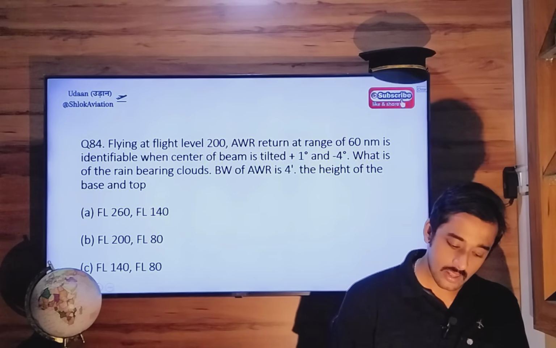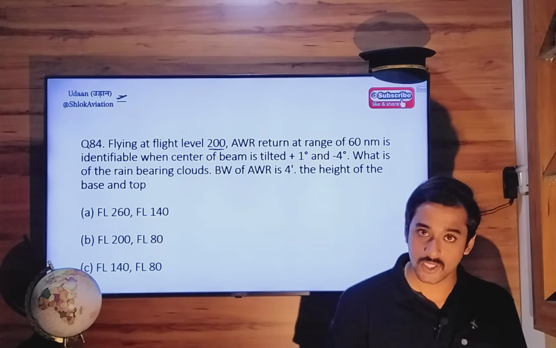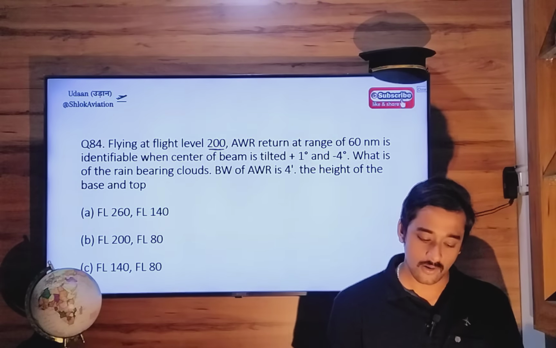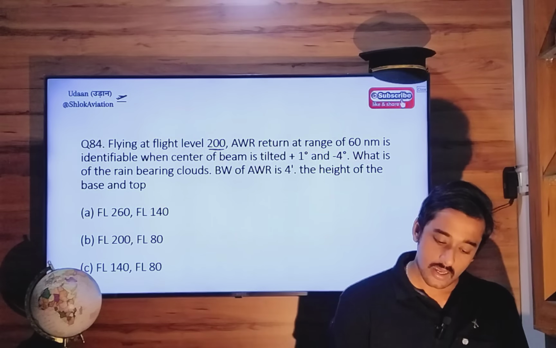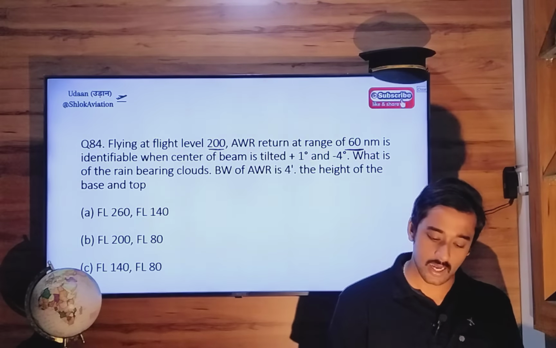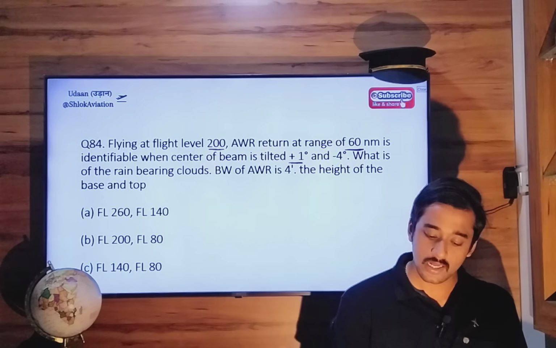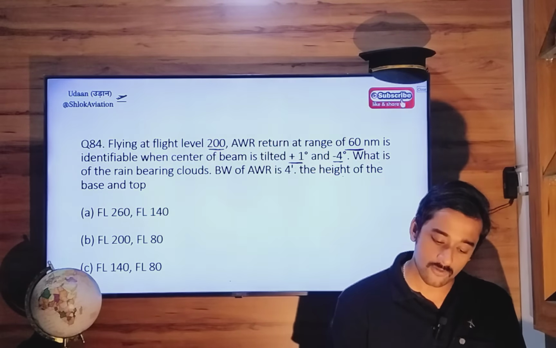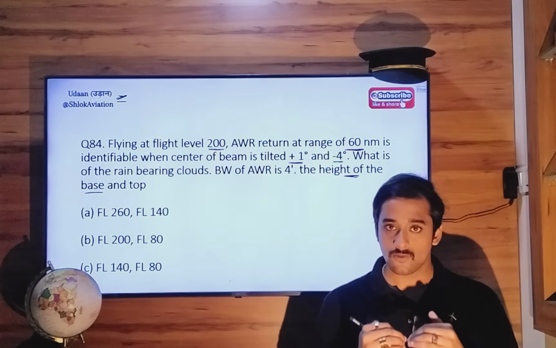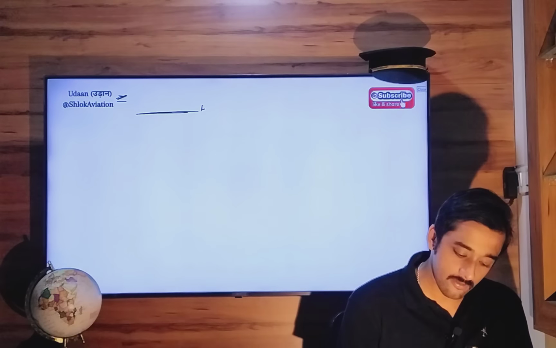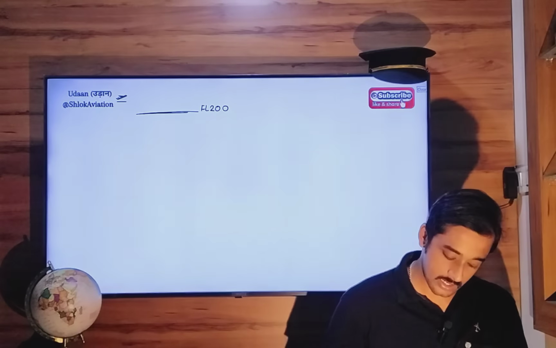Question number 84. You are flying at a flight level of 200, meaning the aircraft is flying at an altitude of 20,000 feet, at a range of 60 nautical miles. You have deflected your radar beam plus 1 degree up, minus 4 degree down. What is the height of this cloud? So you have to find the base of the cloud and the top of the cloud. Let's say you're flying at flight level 200, that is 20,000 feet.